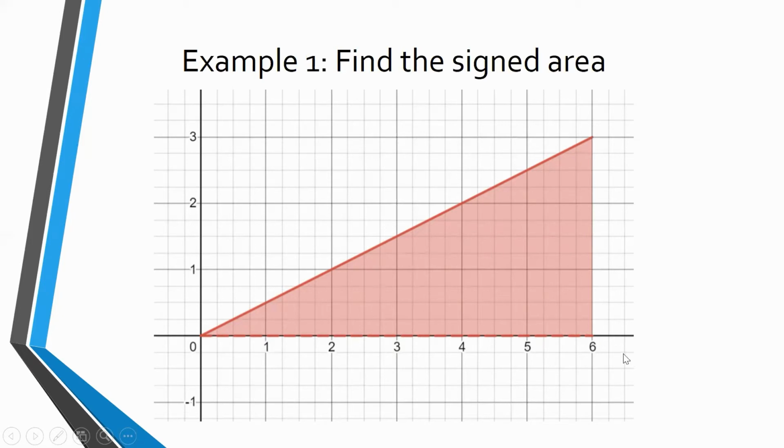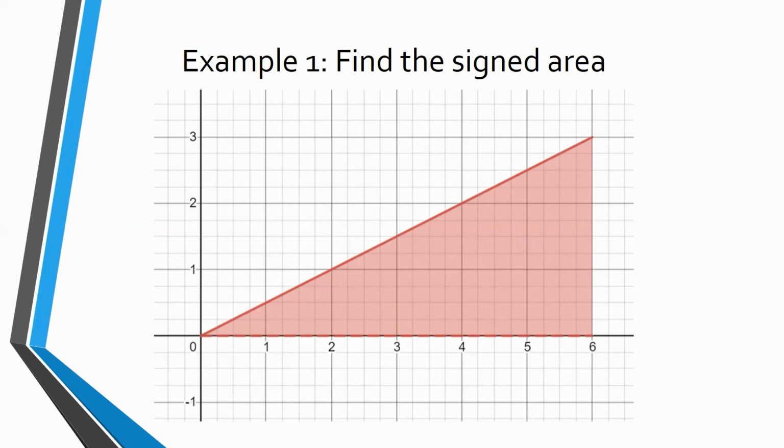If I want to find the signed area, the first thing we have to notice is that the entire shaded region is above the x-axis. That means this entire shaded region is going to be counted as positive. Using geometry, we can simply see that this is a triangle. We should all know the area of a triangle, 1/2 base times height.